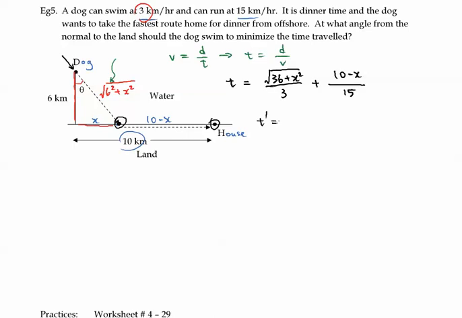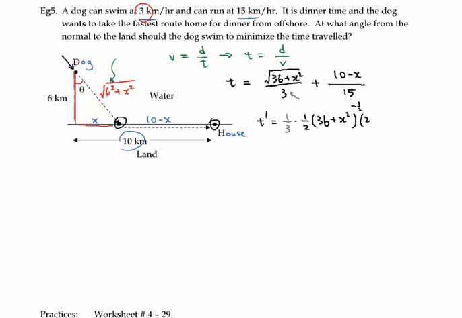Now we require the use of chain rule. Knowing how we have a 1/3 as a constant, let me take it out as a constant. And then I will differentiate the square root, which involves 1/2 (36 plus x squared) to the negative 1/2 for the exponent.